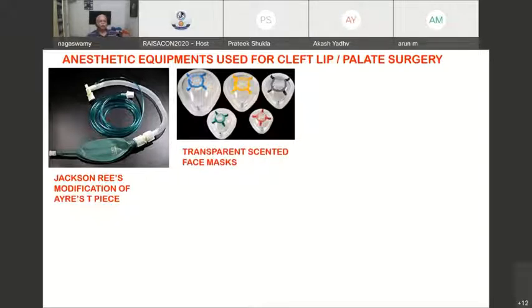Okay, these are all transparent. Older masks were all made of black rubber, so they were not transparent. Now this is the smallest size mask, 1, 2, 3, 4, 5. Whereas in the older days we used to have 00 and 0 size masks also for neonatal, premature children. But normally we have 5 sizes of mask.